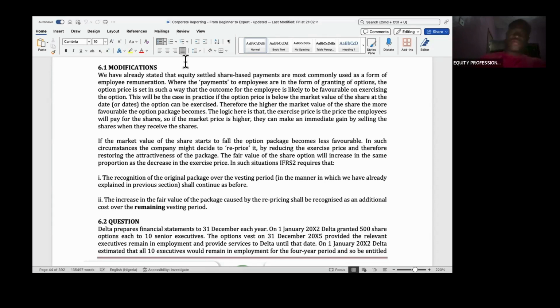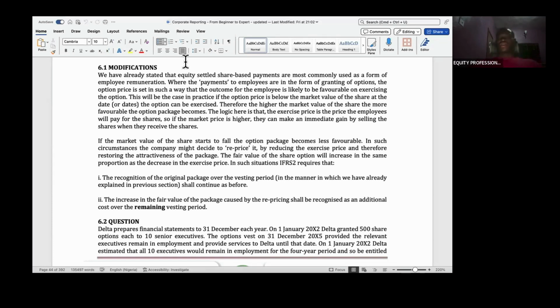It took some of us time to understand that, and I hope you have revised and are now at home with that principle. And for equity settled share-based payment, when you want to recognize it in your books, you simply debit staff costs if it's a transaction with employees, and you credit equity reserves.